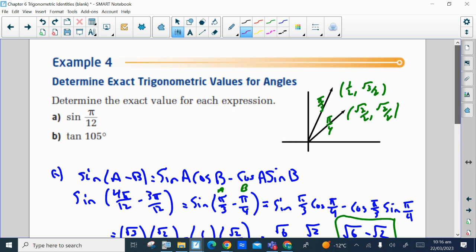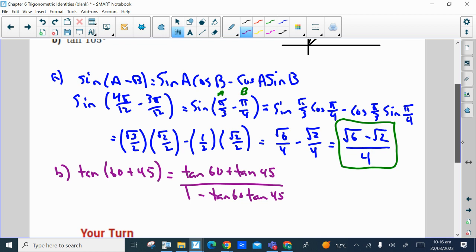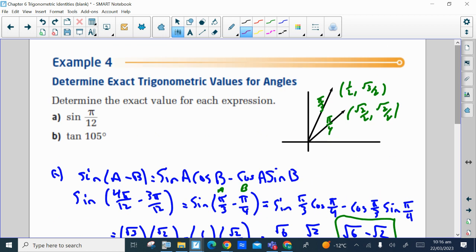So we need the tangent values at 60, which is the same as pi on 3 radians, as well as 45, which is the same as pi on 4 radians. And so we worked these out before. At pi on 3, the tangent was root 3, and at pi on 4, you're dividing sine by cos, remember, in each case. At pi on 4, the sine and cos values are the same, so when you divide them, you'll get 1.